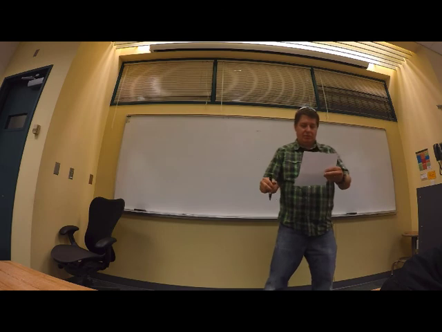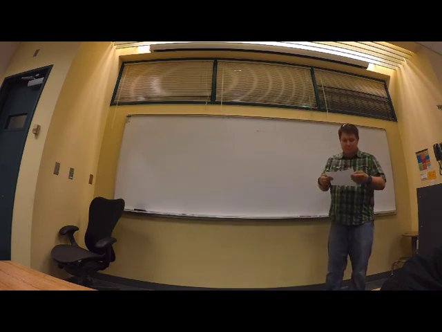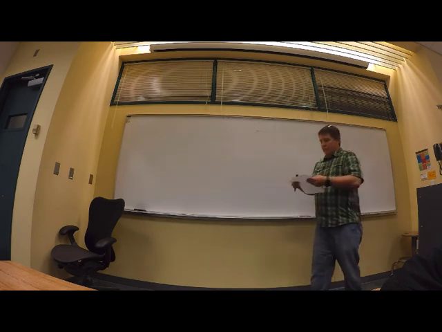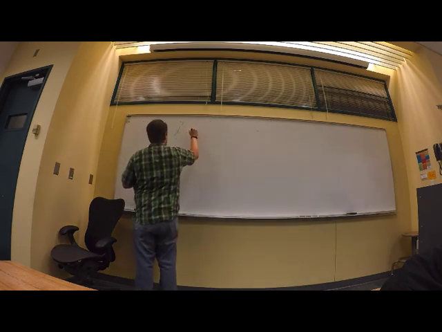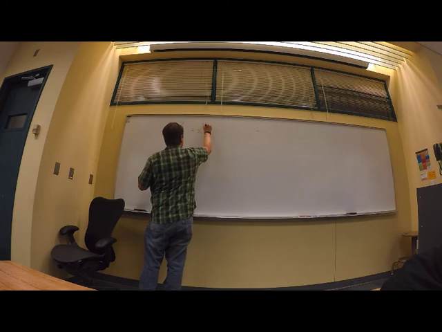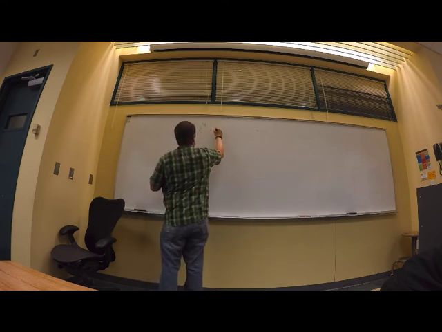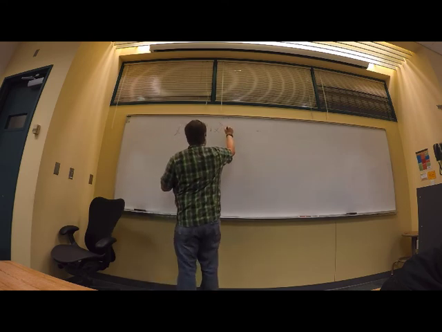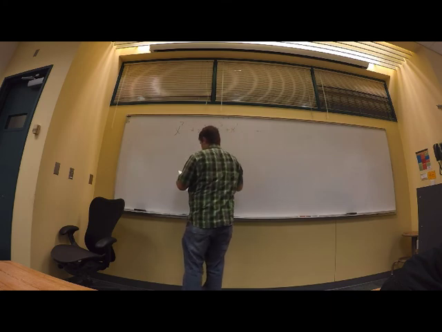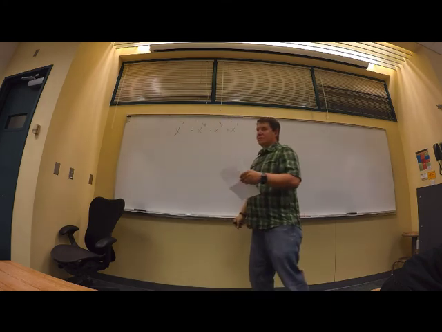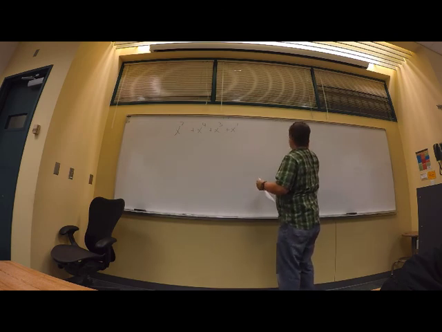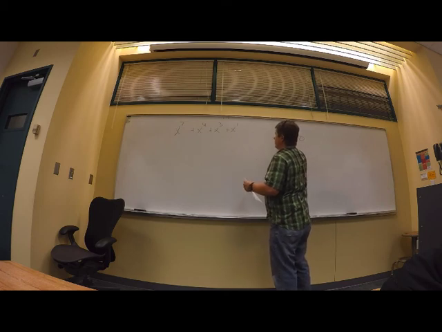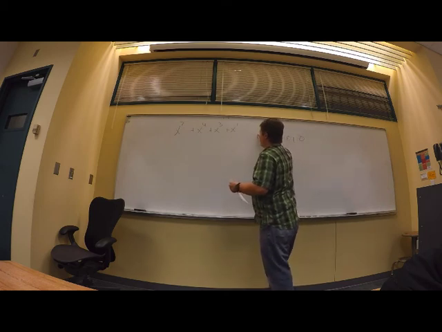Actually for real. So let's take the finite field of x to the 7th plus x to the 4th plus x to the 3rd plus x to the 1st. And what's the binary representation of that? 0, 1, 0, 1, 1, 0, 0, 1.